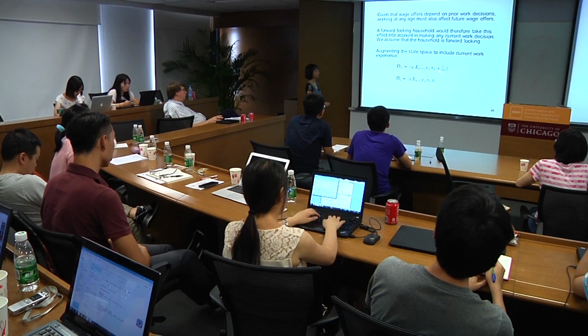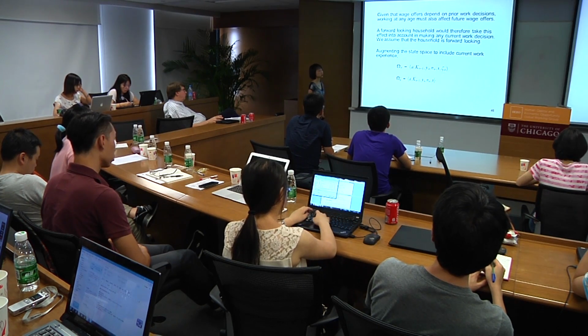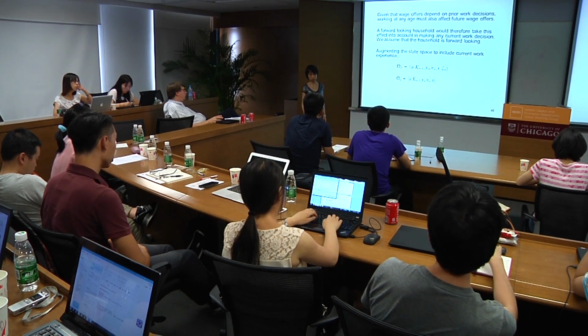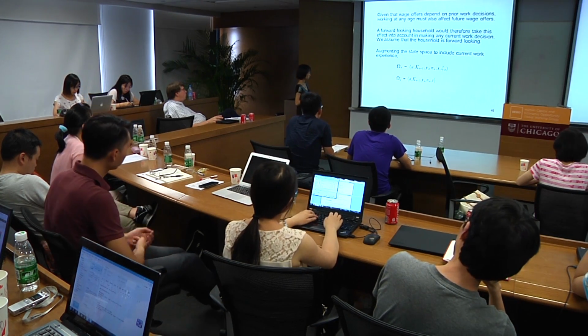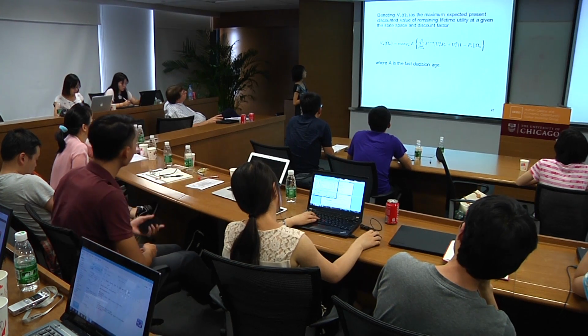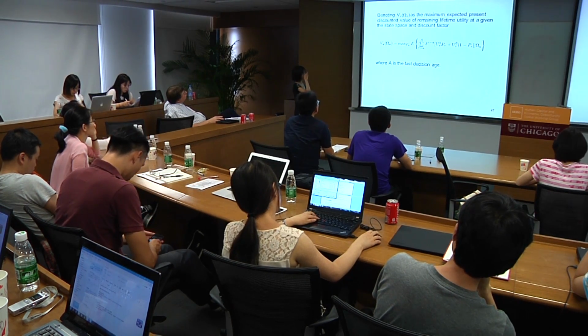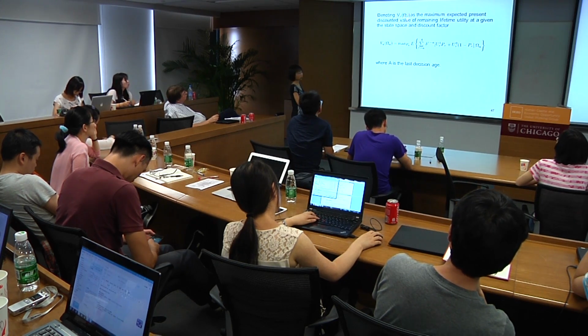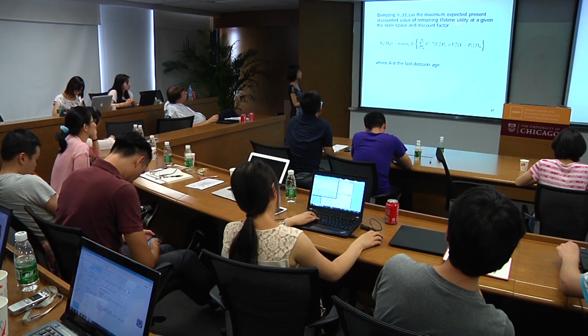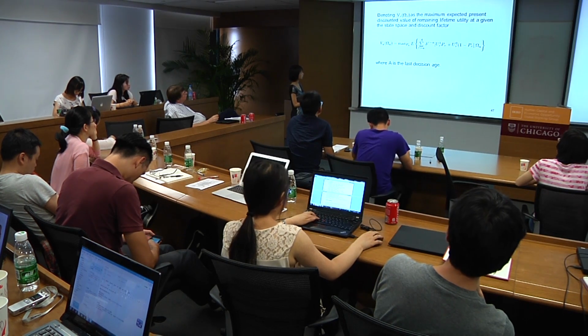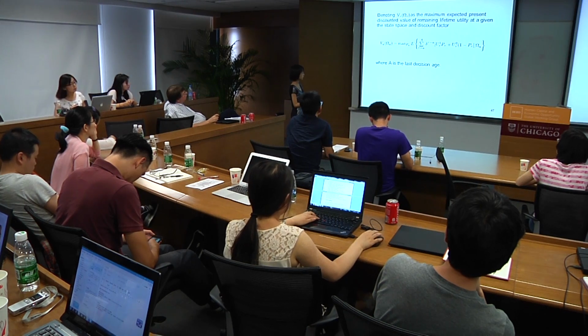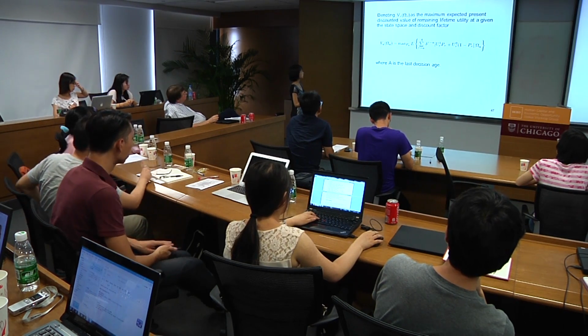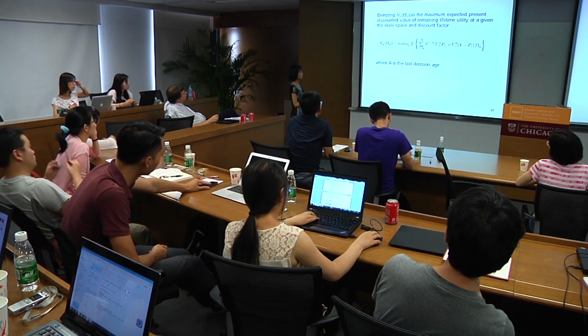That is equivalent to saying we don't observe the wage offer if you don't work. So denoting V_A of this omega_A, your state space, the maximum expected present discounted value of remaining lifetime utility at a given state space.